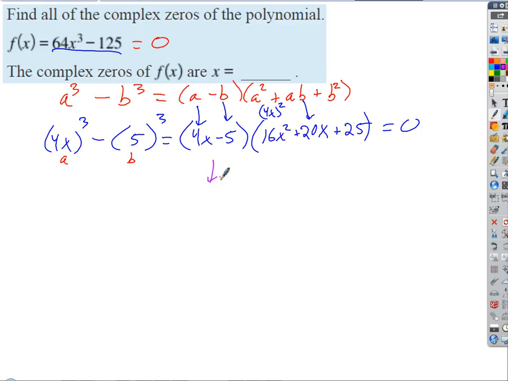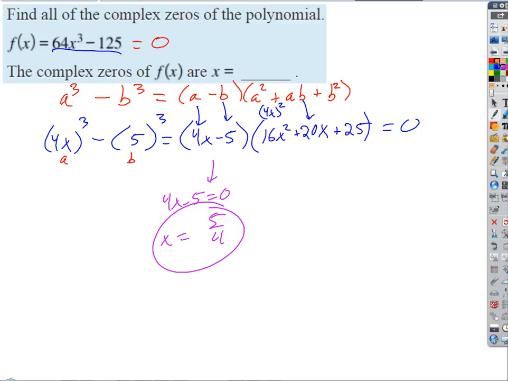When I set this guy equal to 0, what are the 2 steps to solve for x? Add 5 and divide by 4, what's that give us? 5 over 4, there we go. So there's the only solution we would have gotten before, but now we could always have gone further, and now we're going to go further, and we're going to find this other one as well.